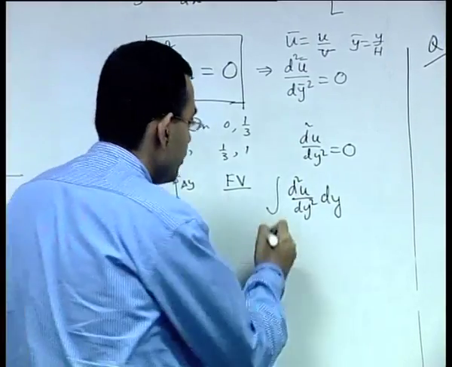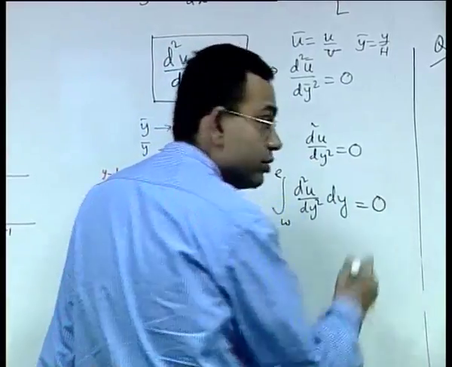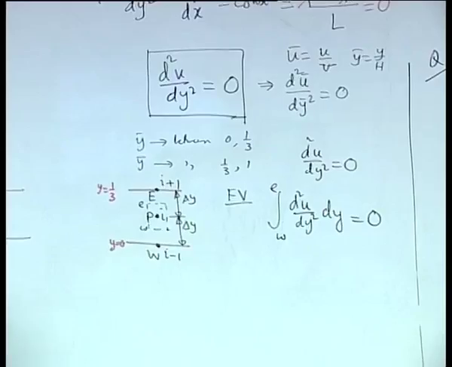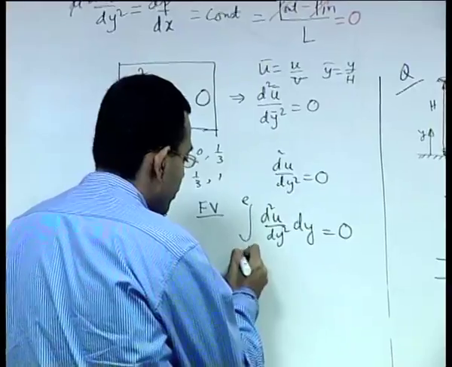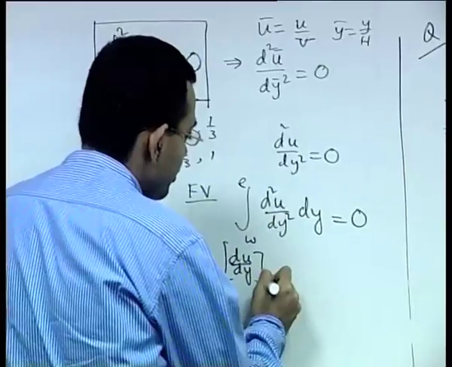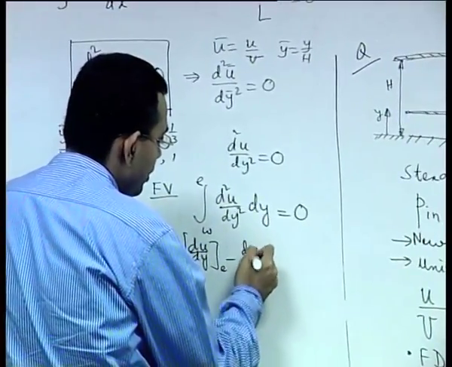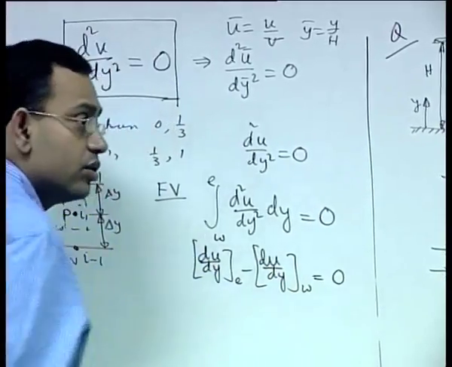So, integrate from small w to small e, this is equal to 0. That means you have du dy at small e minus du dy at small w is equal to 0.